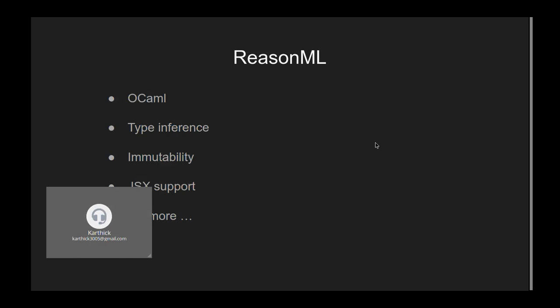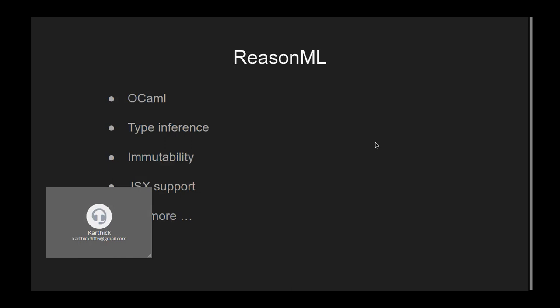So what Facebook has done is, it took OCaml and said that instead of writing this syntax, let's write in the same syntax as we write in JavaScript, and still it would be OCaml code. It would have all the type safety and so on. So that is what ReasonML is.